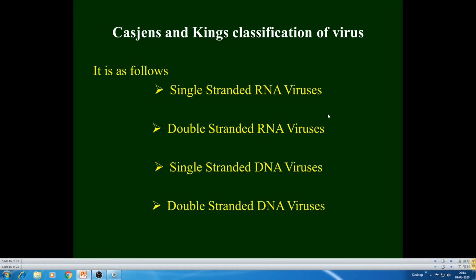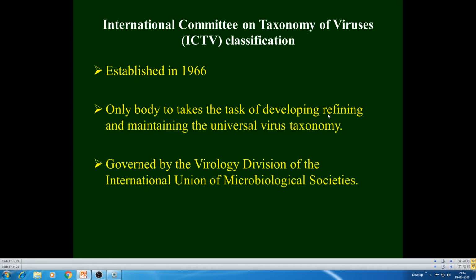So Casjens and King's classification of viruses is mainly based on the genetic material present in them. Maybe RNA viruses or DNA viruses. RNA may be single-stranded RNA virus or double-stranded RNA virus. Single-stranded DNA virus or double-stranded DNA virus. Likewise, they classified.